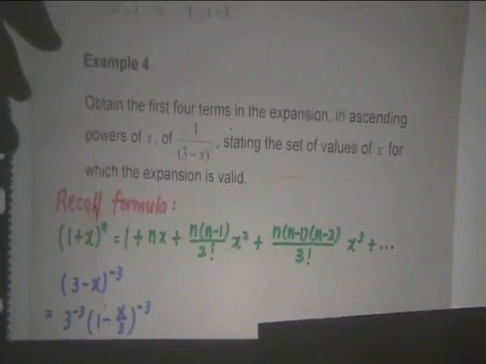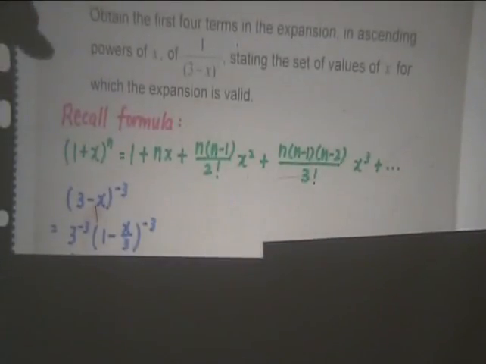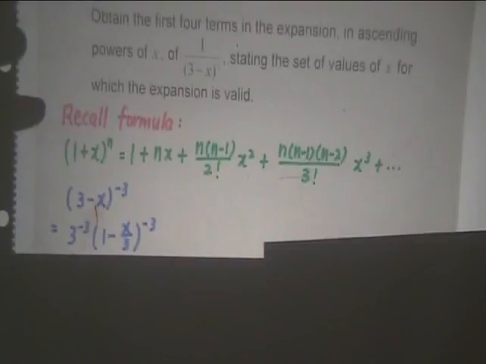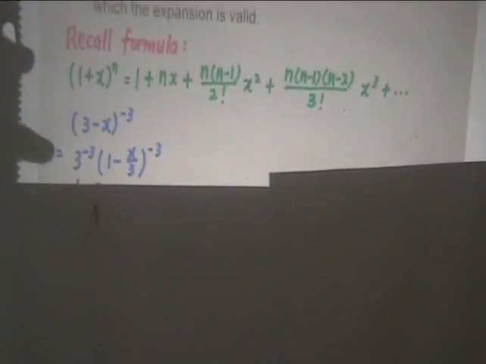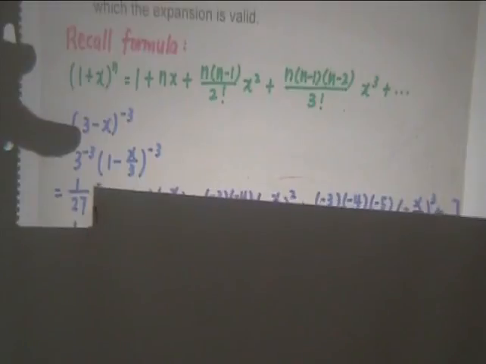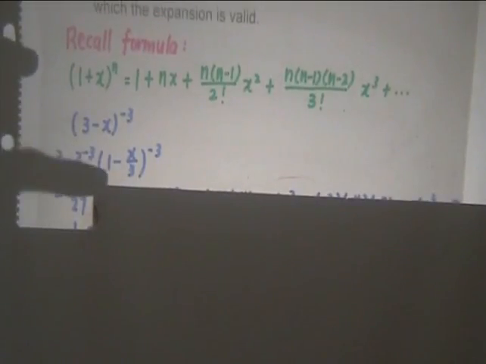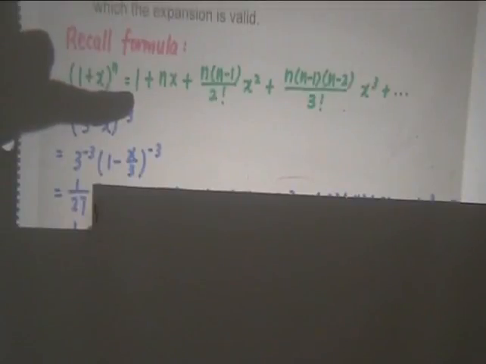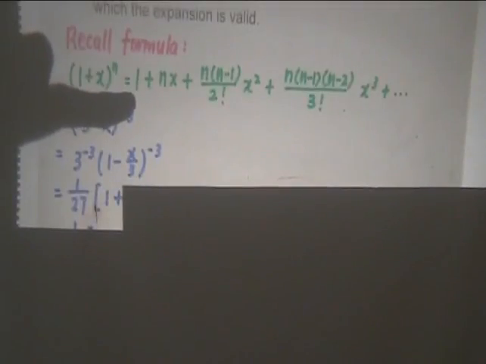After I factorize out the 3, this is what I have: 3 to the power of minus 3 times 1 minus x over 3 to the power minus 3. So 3 to the power minus 3 will give me 1 over 27. And for 1 minus x over 3, you look at the formula, it will start with 1 plus nx.